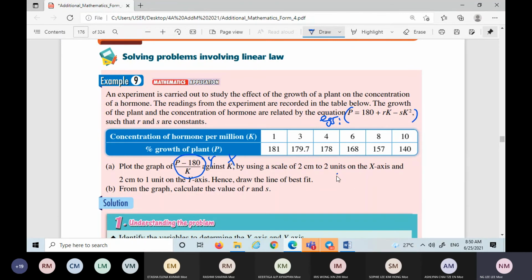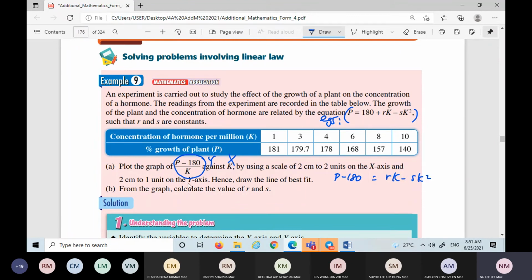First of all, you move the 180 to the left hand side, it becomes minus, because here is P minus 180. So this is what is on your right still.